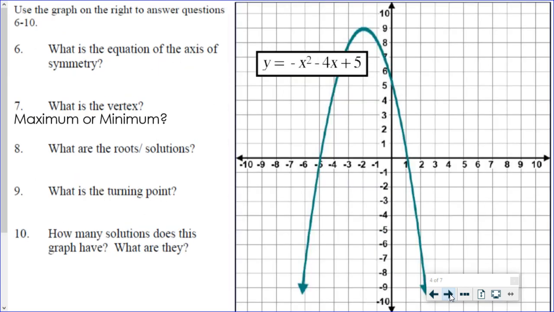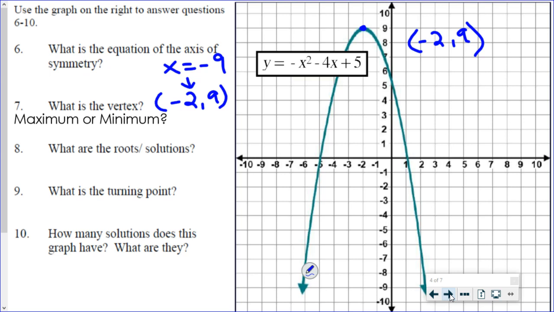Look here now, another equation. First things first, here's the axis of symmetry, and my vertex is -2, 9. Again, the vertex and the axis of symmetry are very much related.